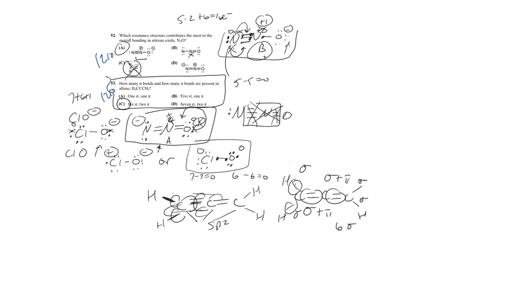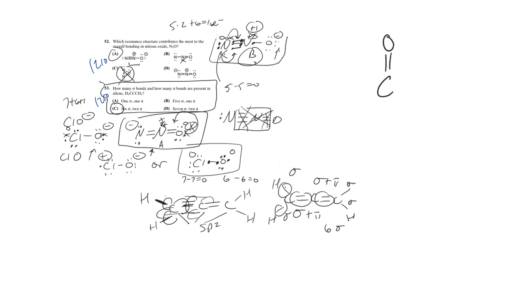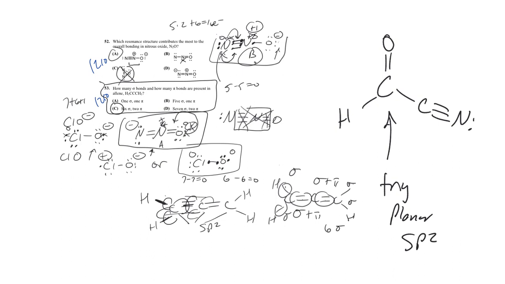Let's do another example. Let's look at one again where you have the Lewis structure shown, and let's even identify hybridization. Our hybridizations of the atoms go along with the trigonal planar for this carbon. Trigonal planar is sp2.